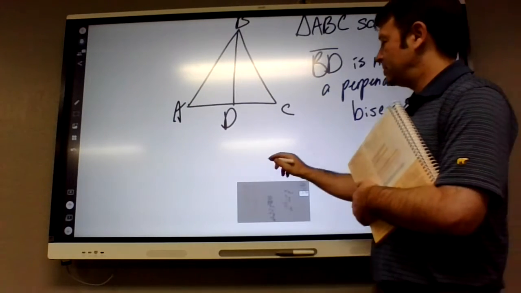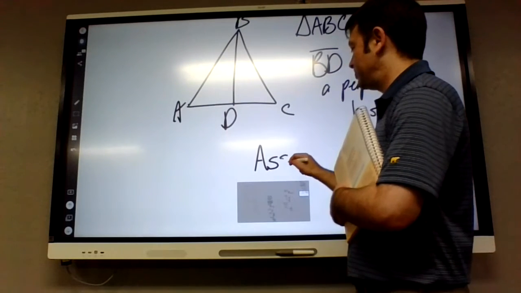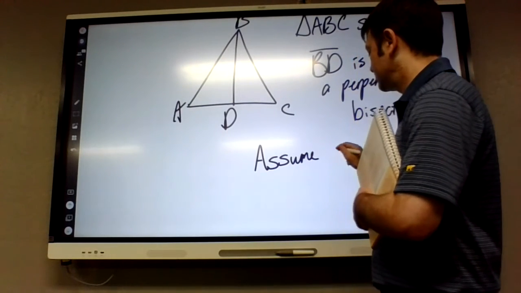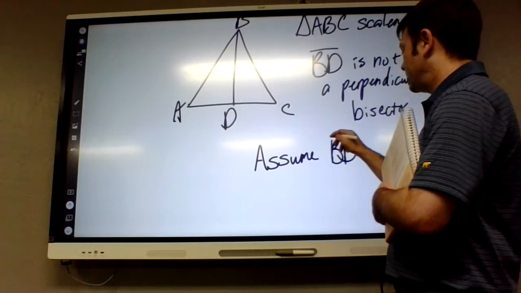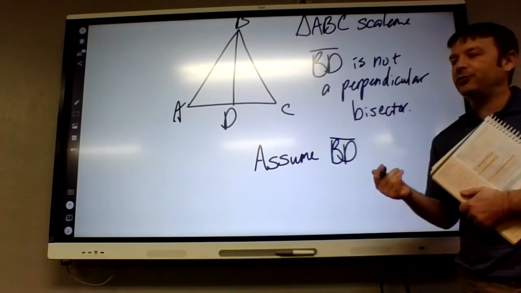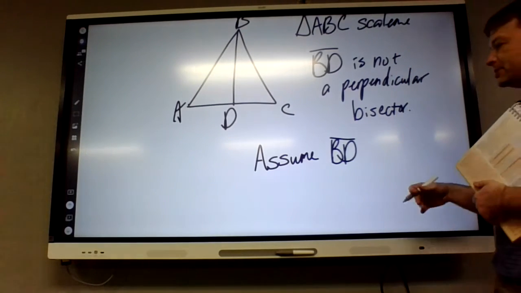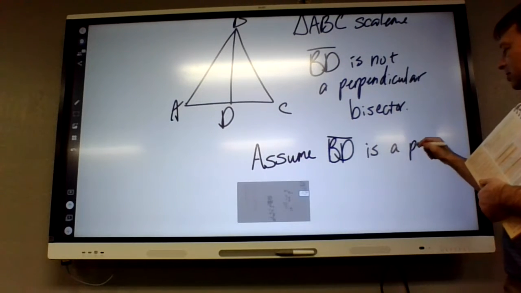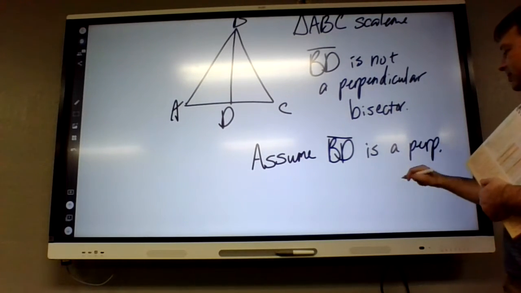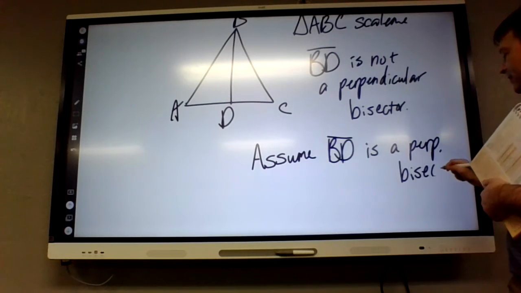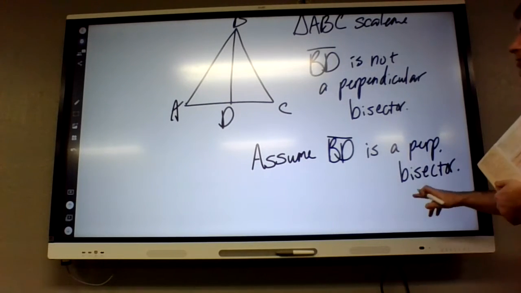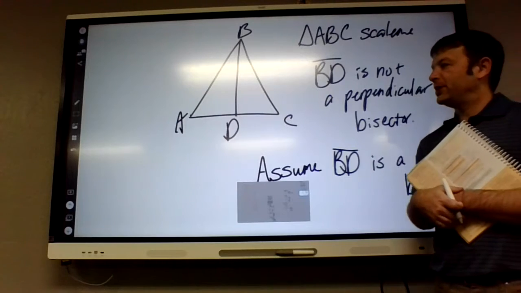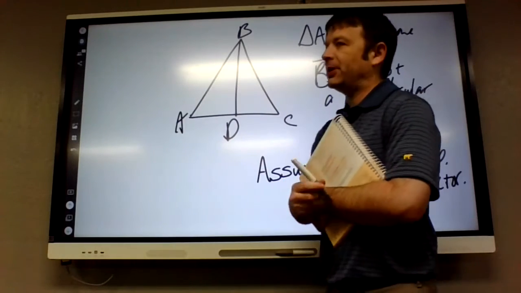Assume segment BD is a perpendicular bisector. By the way, these proofs are in paragraph form, not so much statement reason. Assume it is a perpendicular bisector. Now, if that was true, then what would I know? If BD is a perpendicular bisector, what would I know?